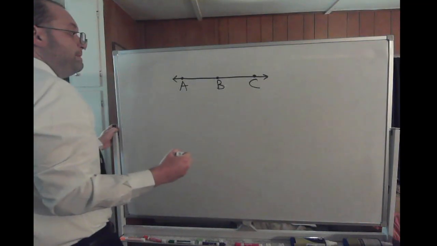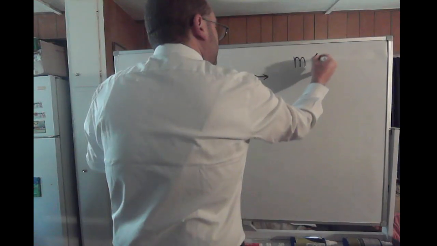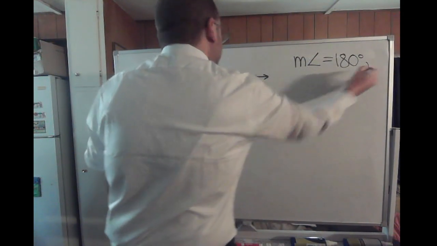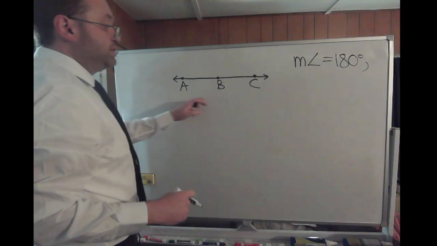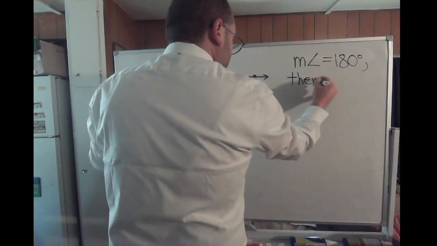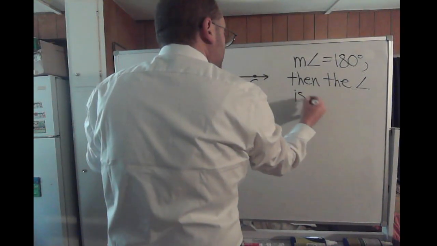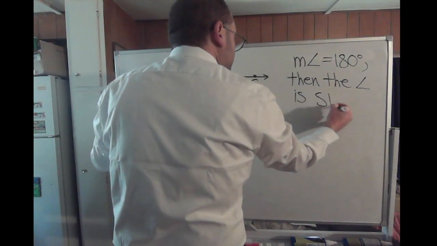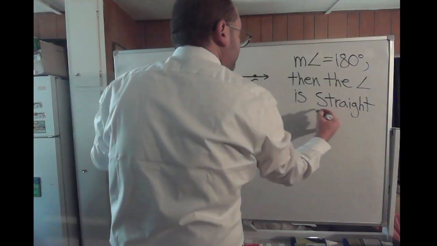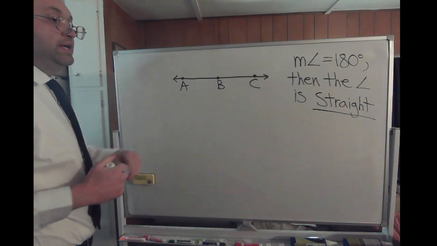If the measure of the angle equals 180 degrees, which this one does, I took my protractor, this angle measured 180 degrees, then the angle is straight. You have what's called a straight angle if and only if the measure of the angle equals exactly 180 degrees.